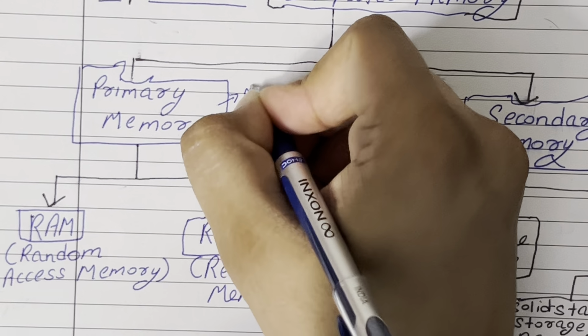Every program, operating system component, and piece of data being processed must first enter primary memory before the CPU can execute it. It acts as the primary workplace of the computer, which enables the processor to access information rapidly without depending on slower storage devices. Since all the major processing activities take place using this memory, it is known as the main memory of the computer.